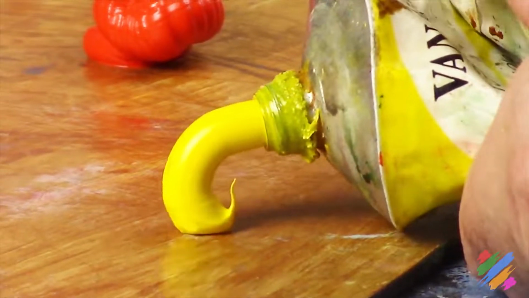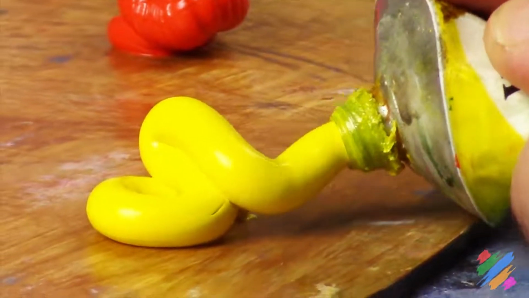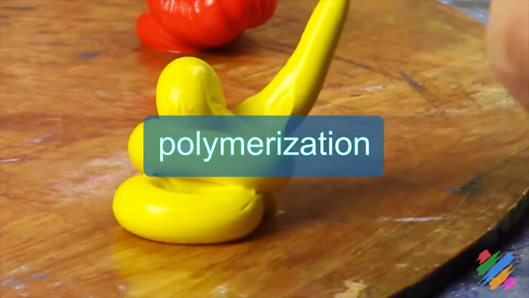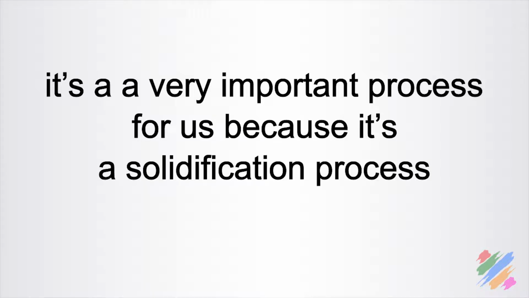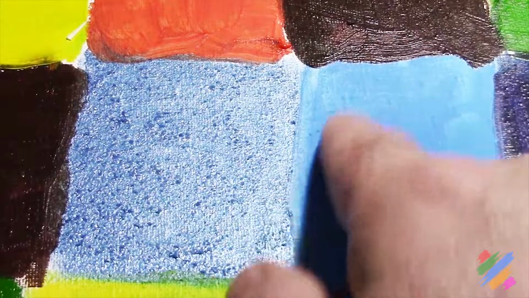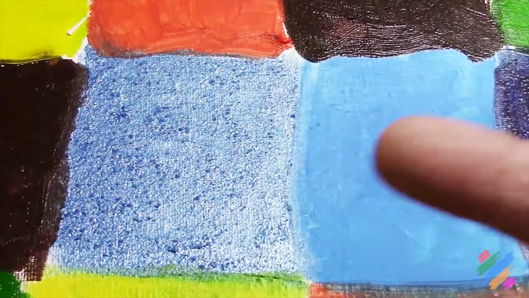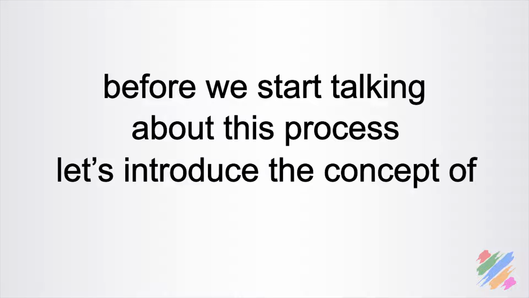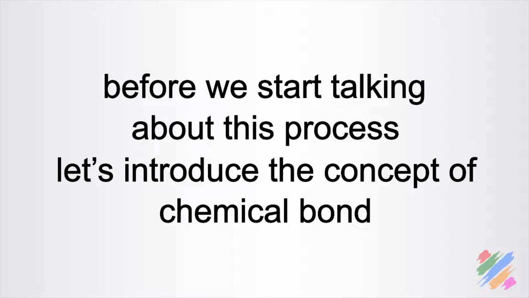Let's see now what happens when we use our oil paints. From the moment we squeeze them on the palette, a chemical process called polymerization will start. It's a very important process for us because it's a solidification process that will allow our painting to dry. Before we start talking about this process, let's introduce the concept of chemical bond.